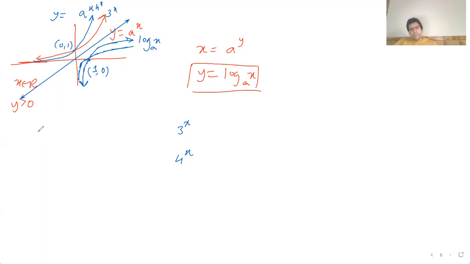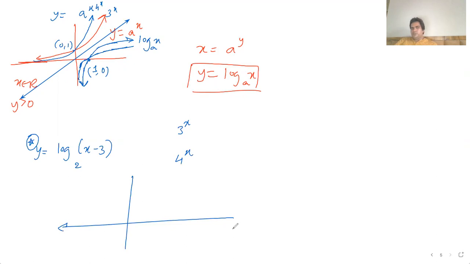Now, let us consider a simple question: if you have to sketch y equals log (x minus 3) to the base 2. If I know the graph of log x to the base 2, I can just move the graph 3 units to the right.